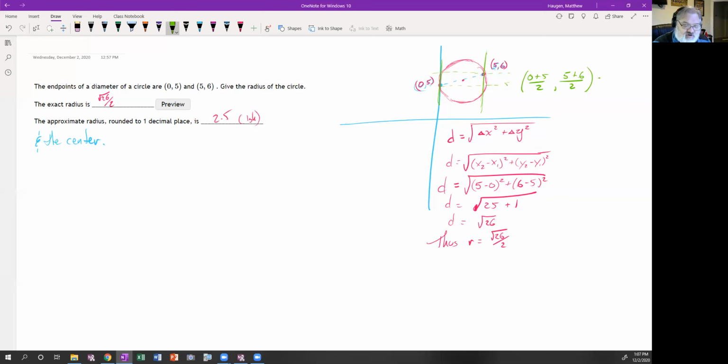You could get fancy and call this the midpoint formula, because it is, but I think it's better if you just think of it as just average the x's, average the y's, and you have the middle. So that center is going to be what, 2.5, and what, 11 divided by 2 is 5.5.